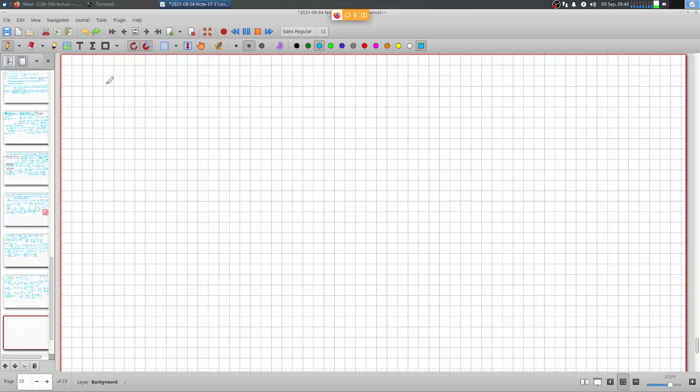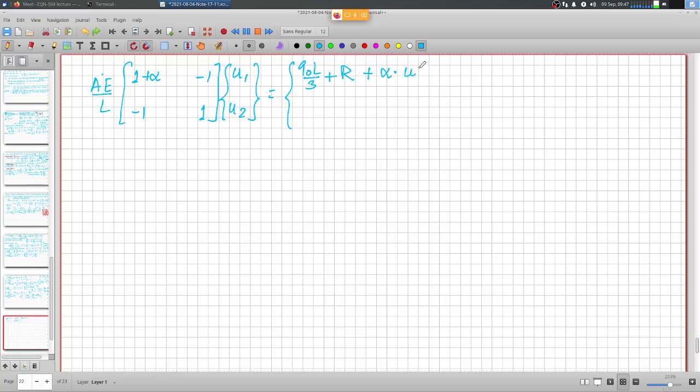We will do that as AE by L times [1 plus alpha, -1; -1, 1] times U1, U2 is equal to Q naught L by 3, let's just say reaction, plus alpha times U1 star, and the second one is Q0 L by 6 plus Q.